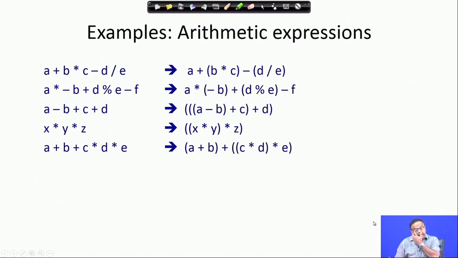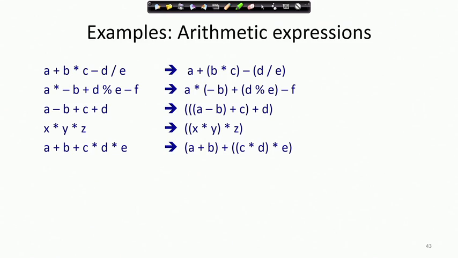Here are some example arithmetic expressions. Here you can see A plus B times C minus D divided by E. Now, according to my precedence rule, this is equivalent to A plus, as if I had done it by hand computation. If I had done by hand computation, how would I have done?